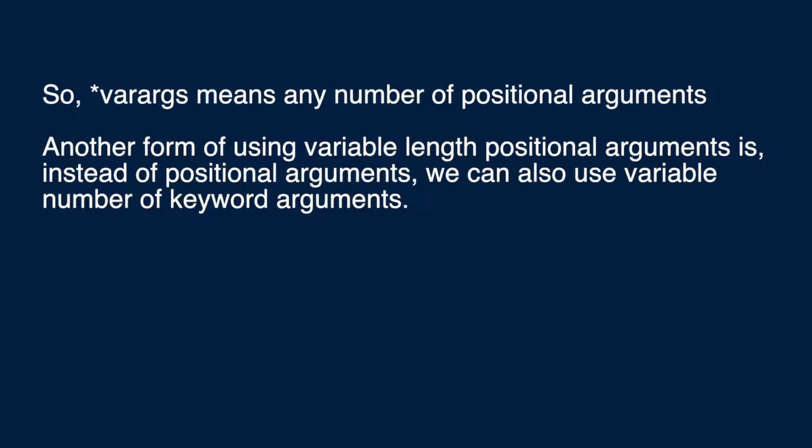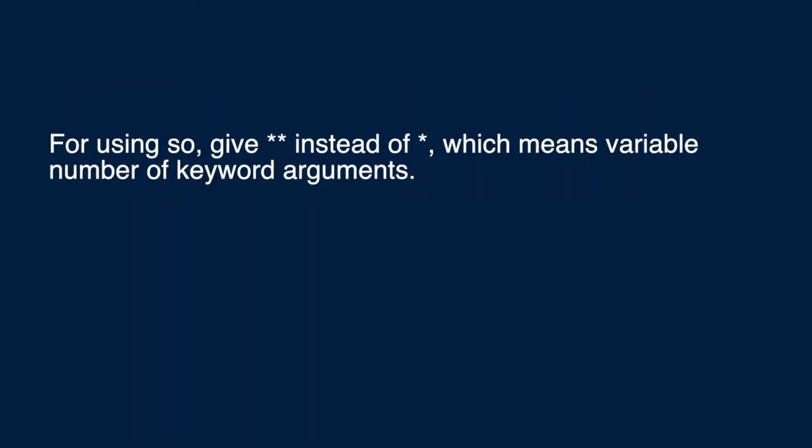Another form of using variable length arguments is, instead of positional arguments, we can also use variable number of keyword arguments. For using so, give double asterisks instead of single asterisks, which means variable number of keyword arguments.